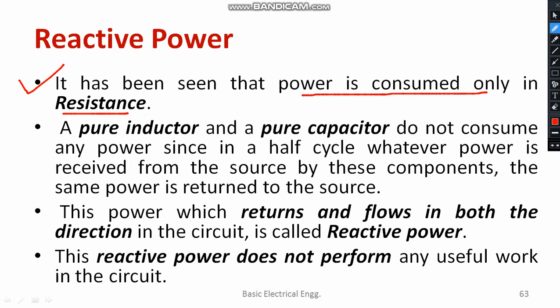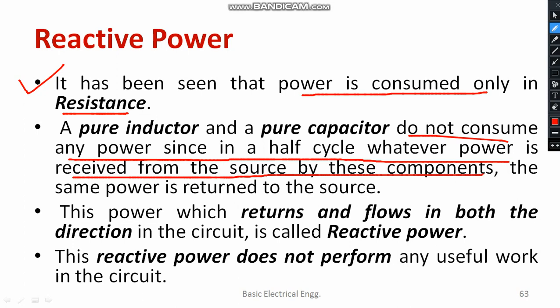A pure inductor and pure capacitor do not consume any power, since in half a cycle, whatever power is received from the source by these components, the same power is returned to the source. We already derived that the average power consumed by a pure inductor is equal to 0, and by a pure capacitor is also equal to 0.